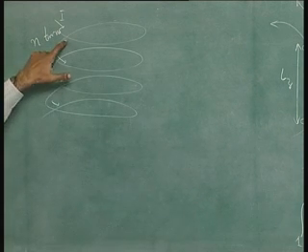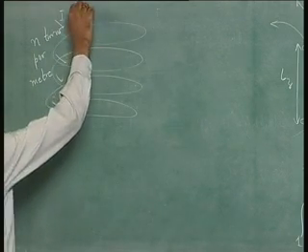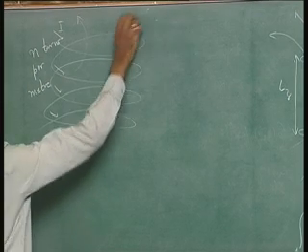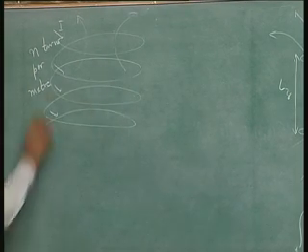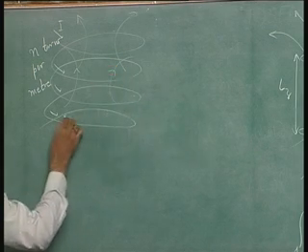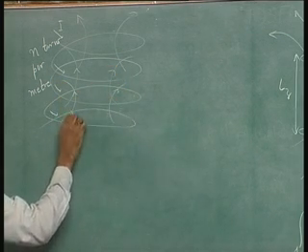Now, in each of these turns, there is a current, and that current is trying to create a magnetic field. So, if the current is going this way, the magnetic field is like this. Now, the next turn is trying to produce its magnetic field, the third one is trying to produce its magnetic field, the fourth one is trying to produce its magnetic field.